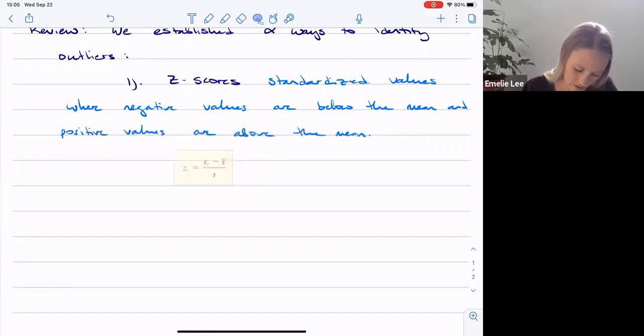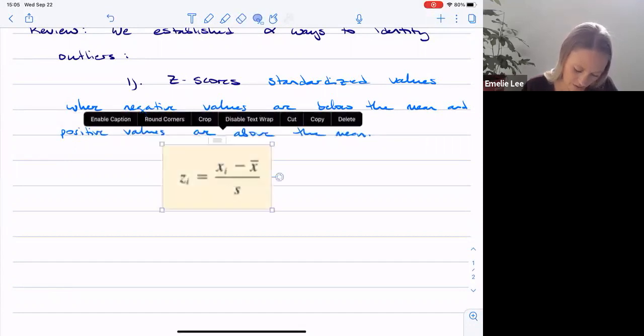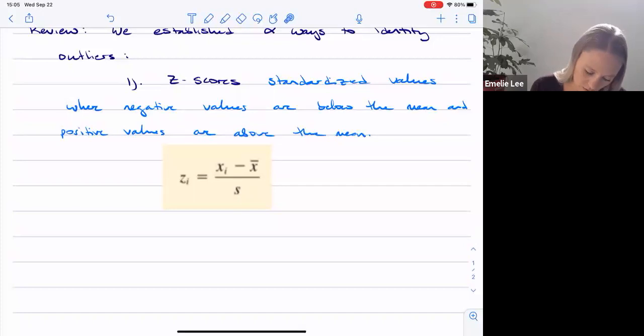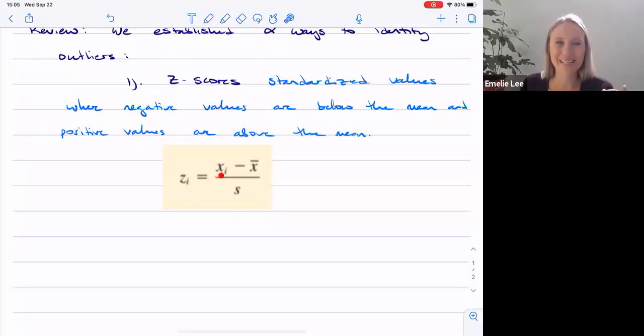Typically, we just use mu and sigma instead of X bar and S, but technically here we are using X bar and S, X bar being the sample mean and S being the sample standard deviation. And so we're just seeing how far this observation X1 or X2 or X3 or X4 is from the sample mean in terms of the standard deviation.